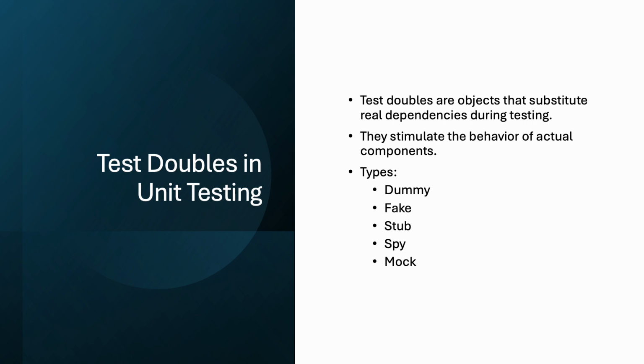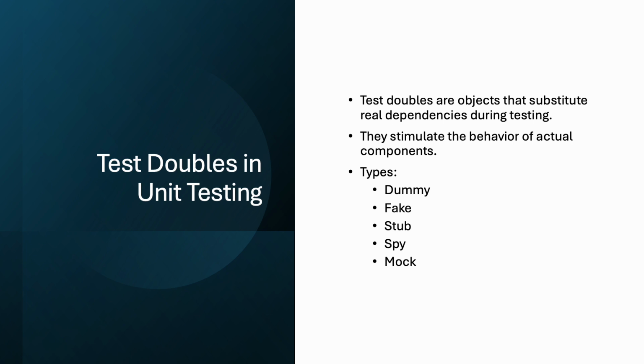Stub provides canned responses. Spy records method calls and parameters. It's useful when needed to verify how a method was called. And lastly, mock. Mock is an advanced type.